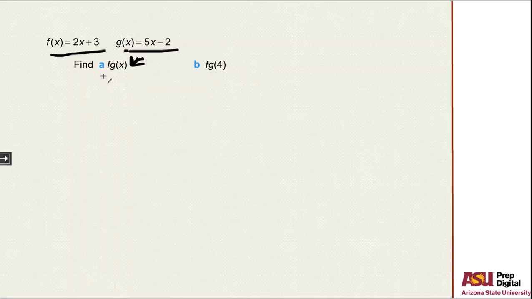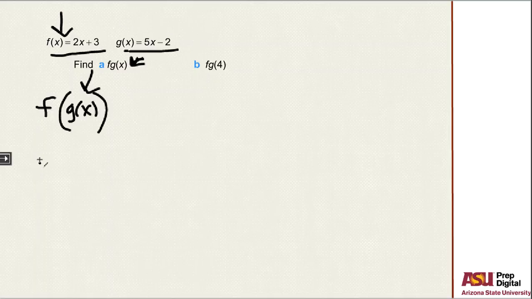Okay, so for f of g of x, I actually want to write it a little bit differently: f of g of x. So what this means is our g function, this entire rule right here, is going to become the input for f.